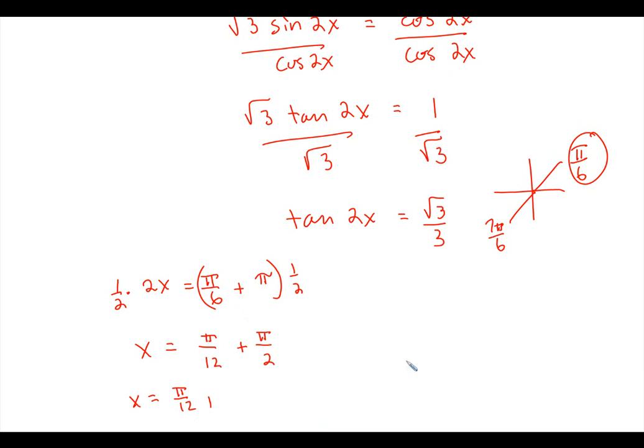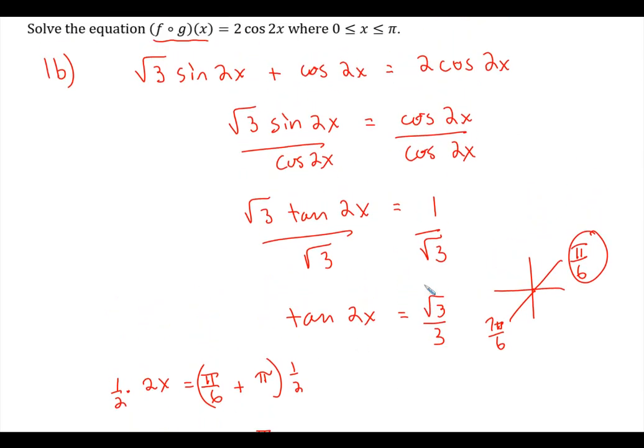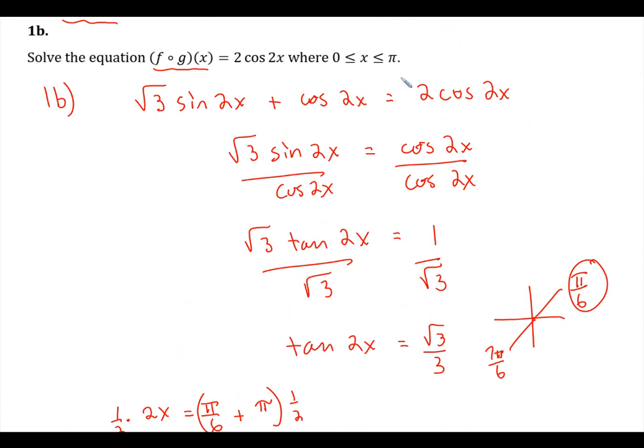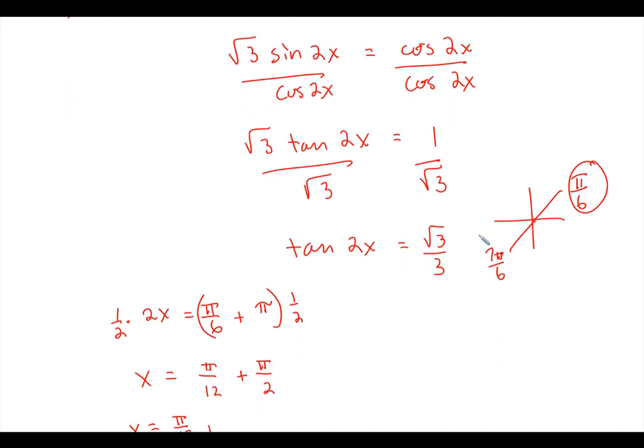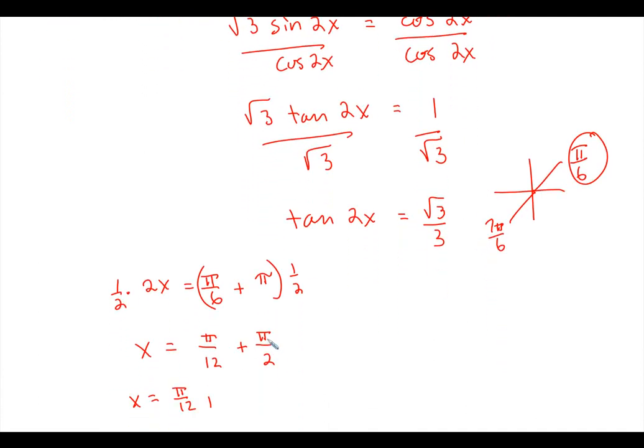And we have to stay within our interval. Now remember the interval they gave us, you always have to pay attention to the interval when you're solving these trig equations. The interval that we're given is from 0 to pi, so we don't want to go over pi. So pi over 2, if I get a common denominator, is the same thing as 6 pi over 12.